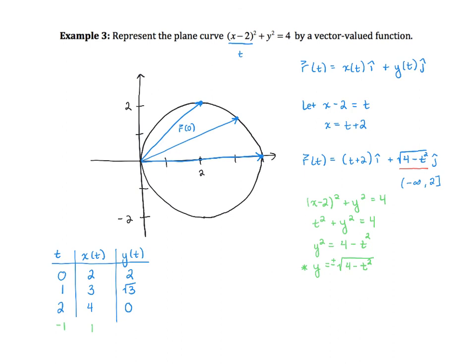And then for our y component, you would get root 3. And so what you realize is, based on the way we set this up, we're always going to get out positive numbers, so we are only ever going to trace out half of the circle. So what you might need to do here is define a second vector valued function so that you can trace out the other half of the circle, with the negative square root. So that's a consideration.